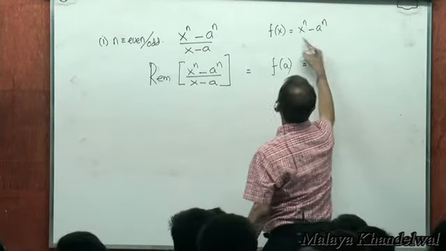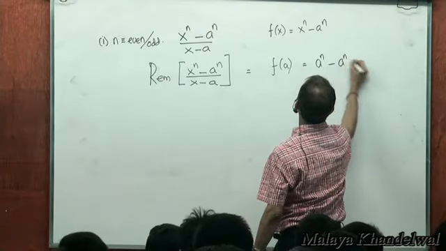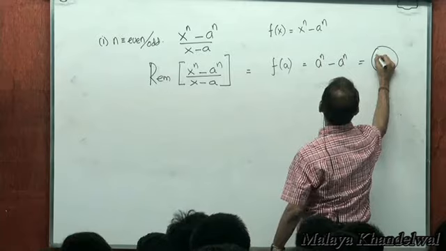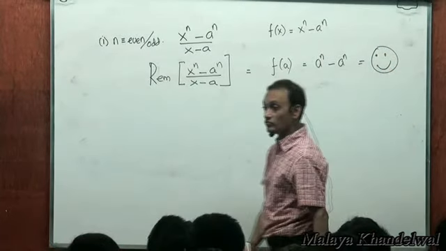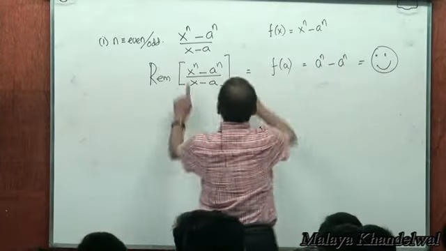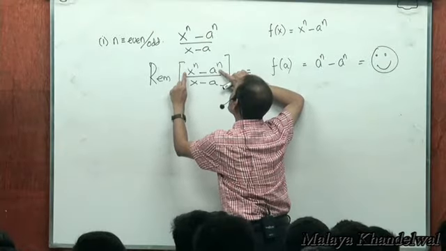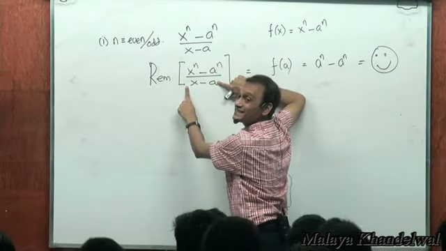So f of a means replace x by a, which is a power n minus a power n, which is 0. That means if this is divided by this, the remainder left is 0. So this is perfectly divisible by this.